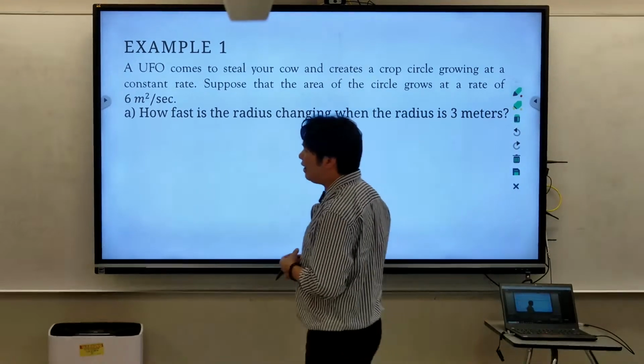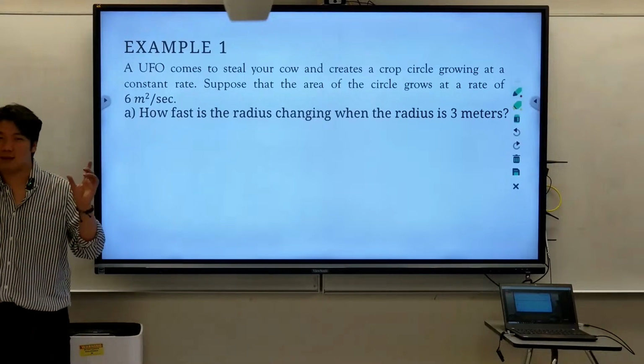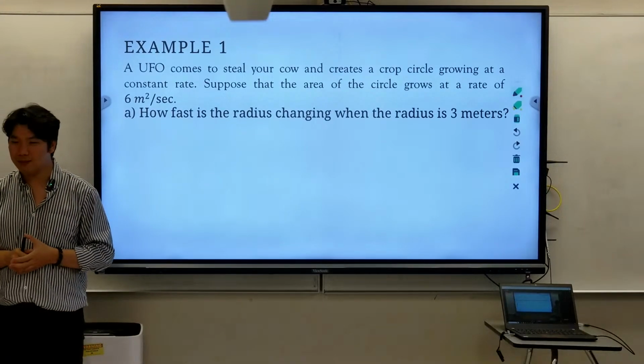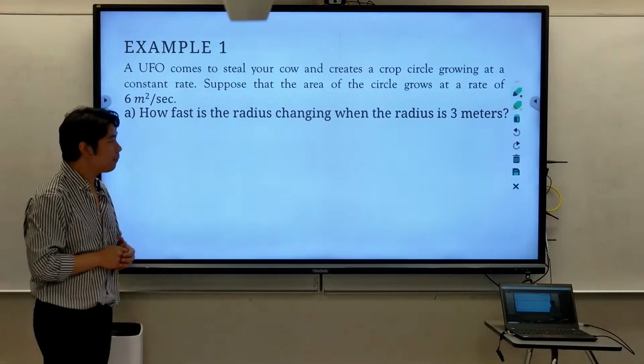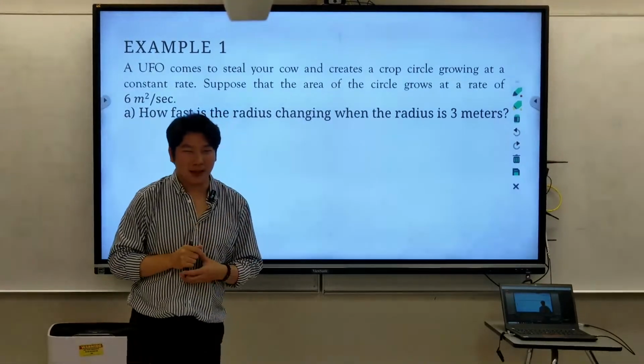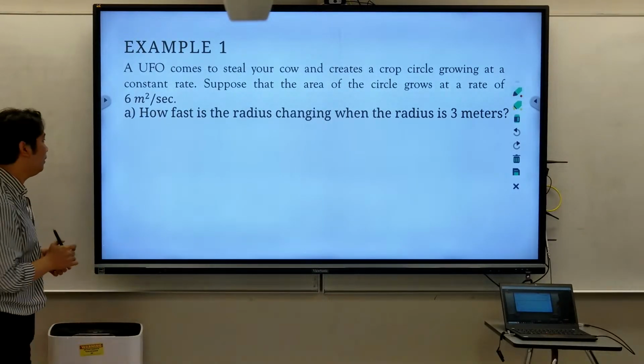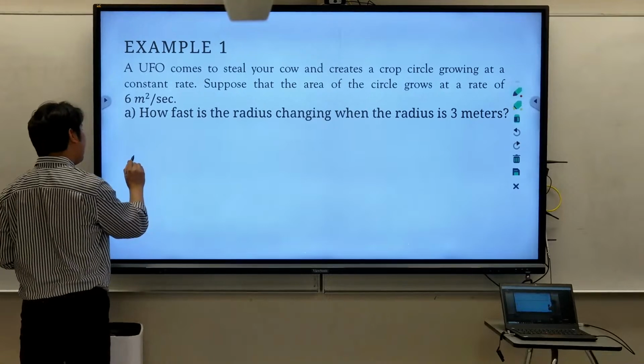So if I think about area of a circle and the radius of a circle, is there really a formula that relates the two parts of a circle, the area and the radius? There definitely is. Anyone remember what that equation is that relates area and radius of a circle? I'll start us off.